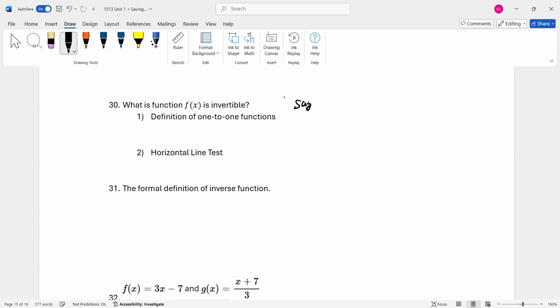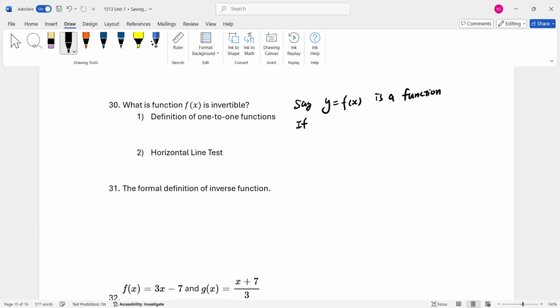Say y equals f of x, x is in D, is a function.